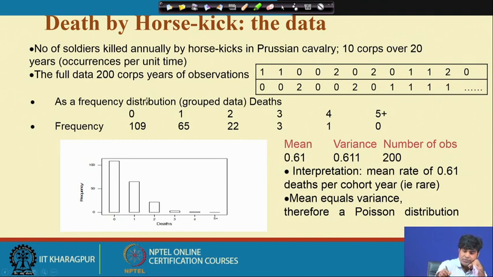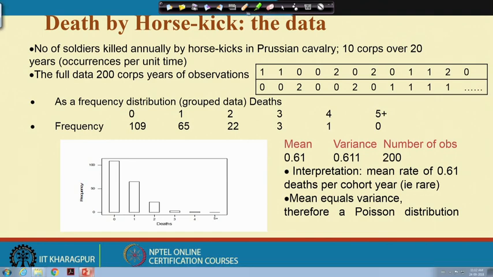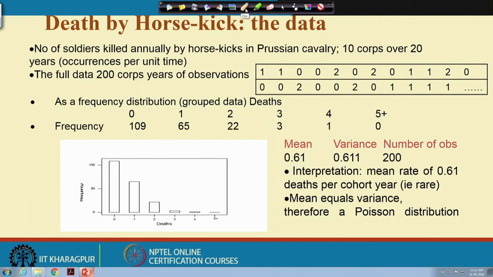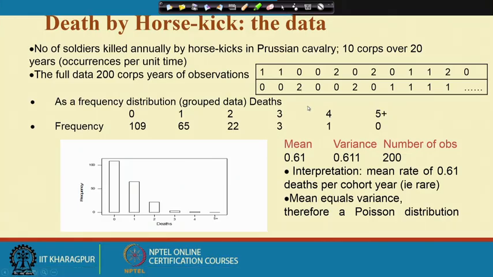So, again these are the frequencies and the corresponding observations, and then we will again calculate mean and variance for these total observations, and we come to the conclusion that since mean and variance are equal, you can easily again apply regression modeling, that too with respect to the Poisson distribution.